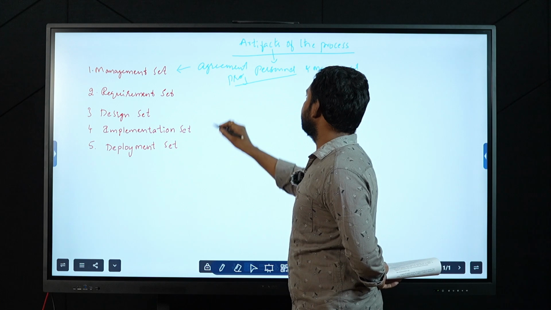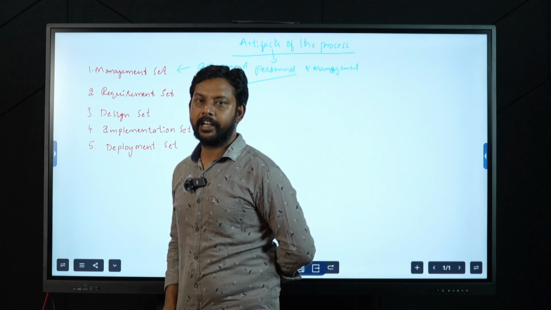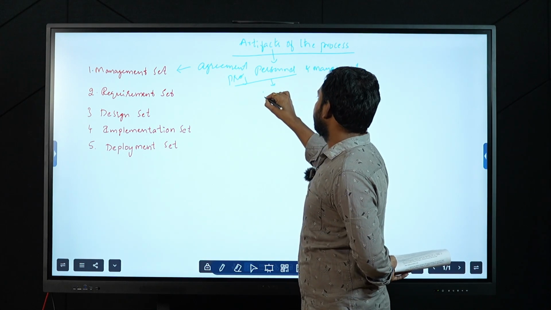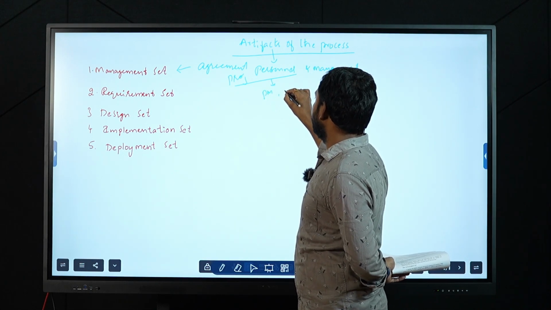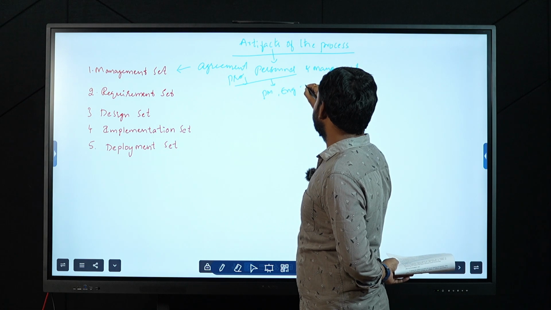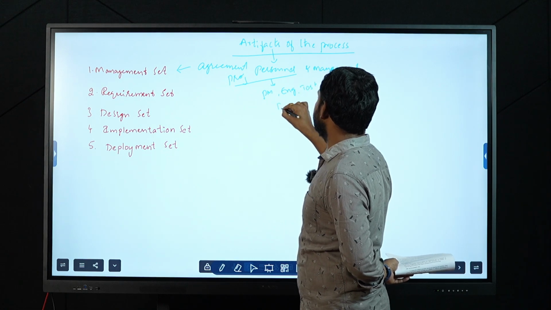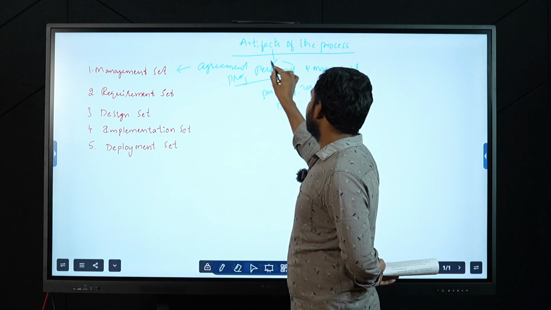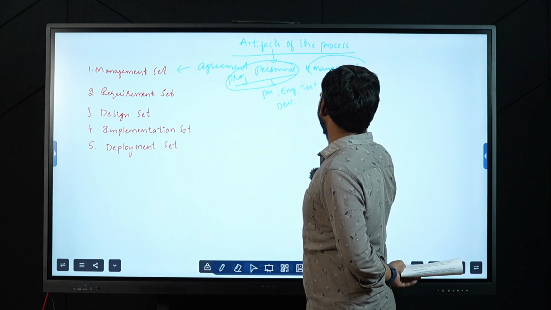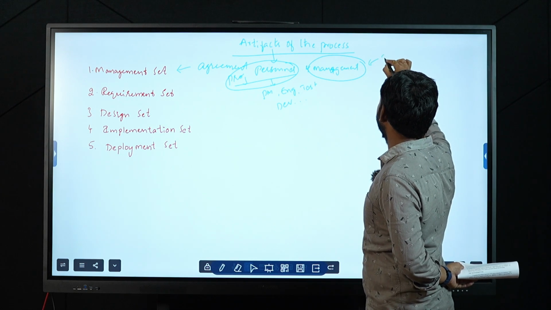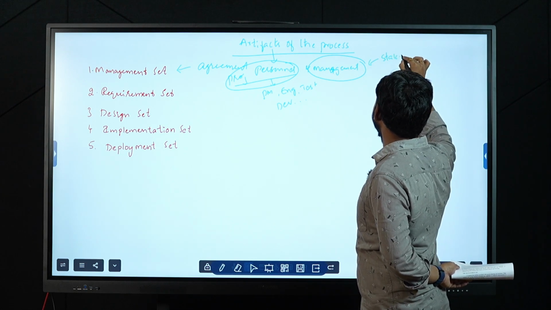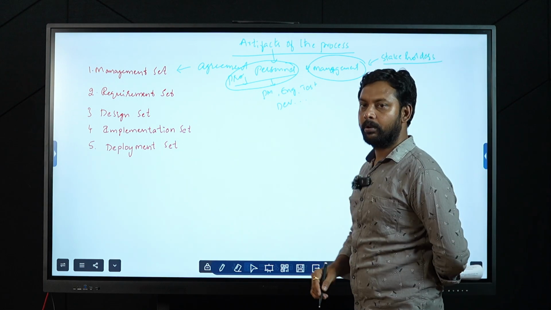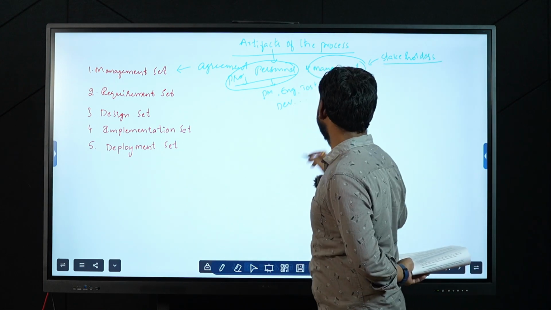Project personnel indicates the people who are working on that particular project. For example, your project managers, engineers, testers, developers, coders, all these fall under your project personnel. And whenever I go with management I can also call them stakeholders. The people for whom you are going to create your project all fall under your stakeholders.